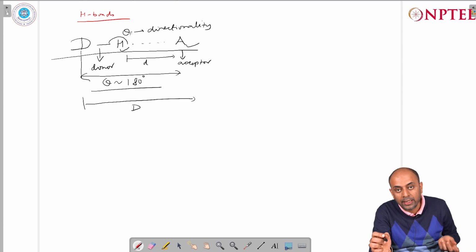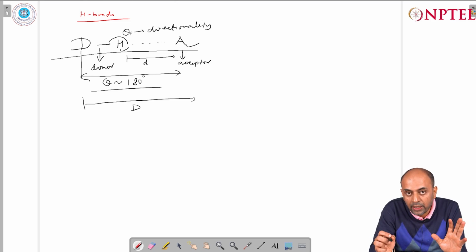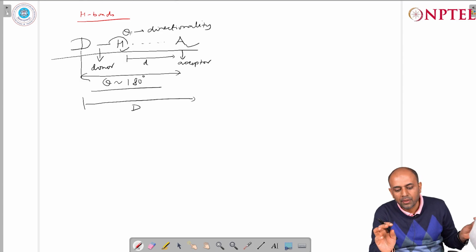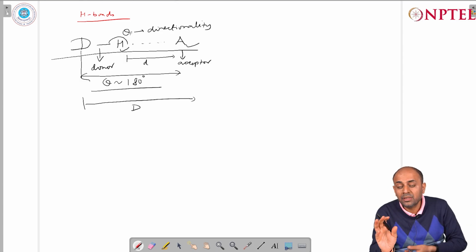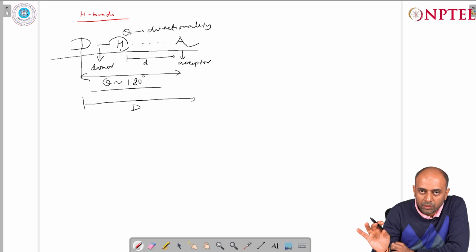And we also looked at the signature of IR spectroscopy to detect strong, medium as well as weak hydrogen bonds.